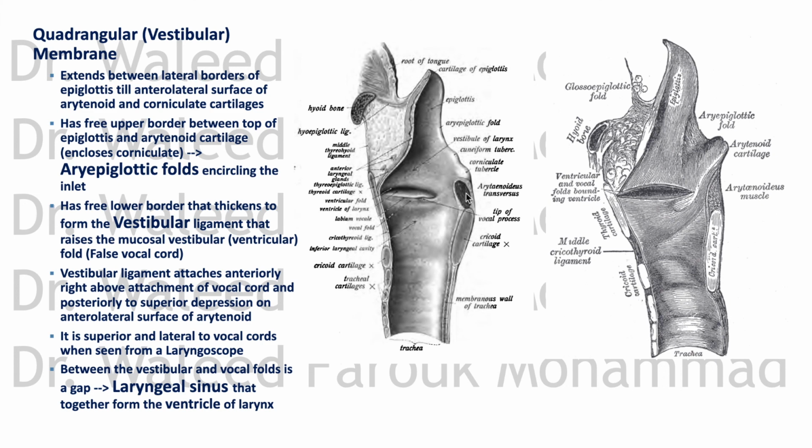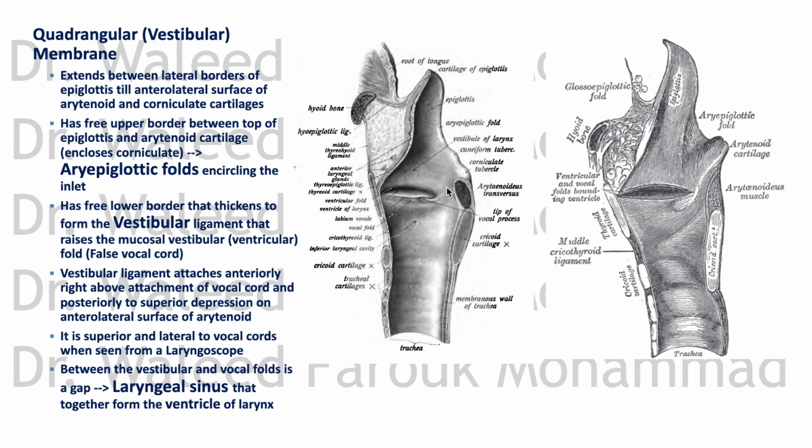Vestibular fold, okay? Because it's attached posterior to the arytenoid and anterior to the back of the thyroid, the same as the true, but so as not to get confused, it has another name. Instead of the thyroarytenoid fold, the vestibular fold, or the false vocal cords. Now, this free lower border attaches to the back of the thyroid, the same as the true vocal ligament. Posteriorly attached to the anterolateral surface of the arytenoid.